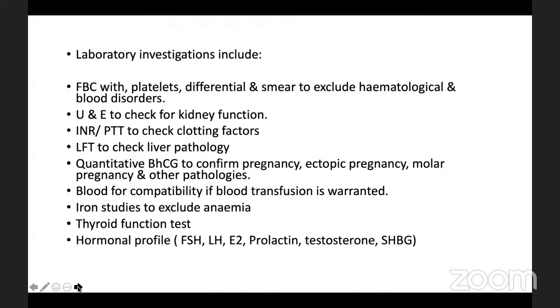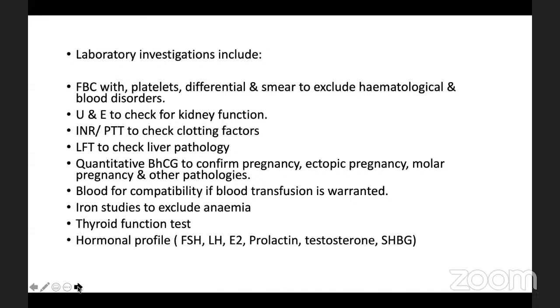Okay, then we've got INR-PTT, which we do for checking for clotting factors. Then in this one, maybe we can add patients that are on Clexane, where we can actually check the anti-factor 10A if patients are on therapeutic Clexane for one reason or another.